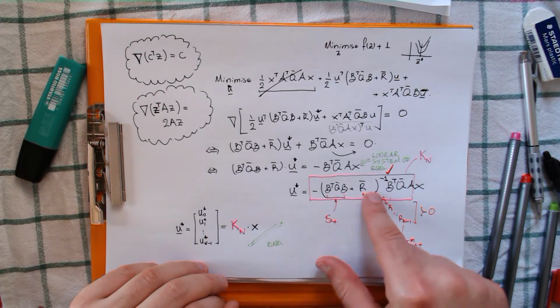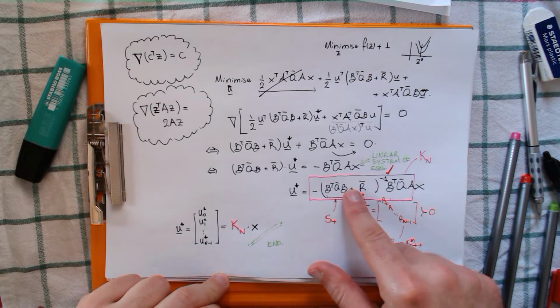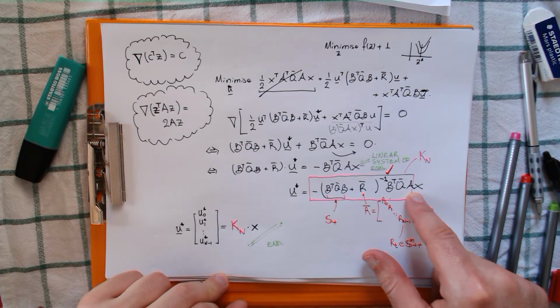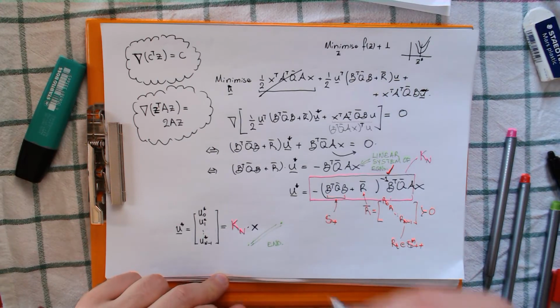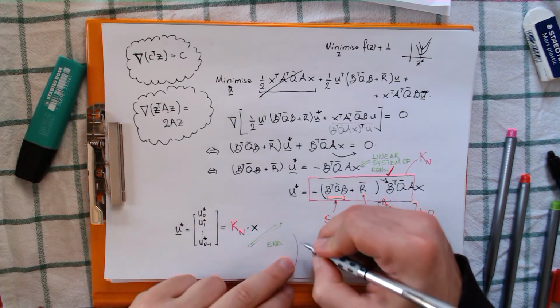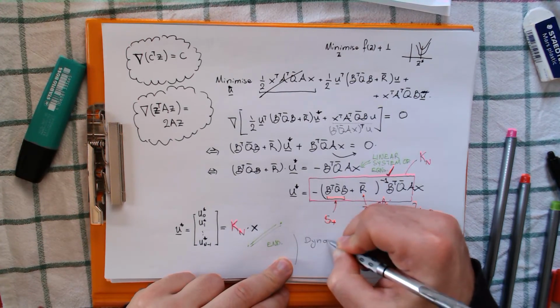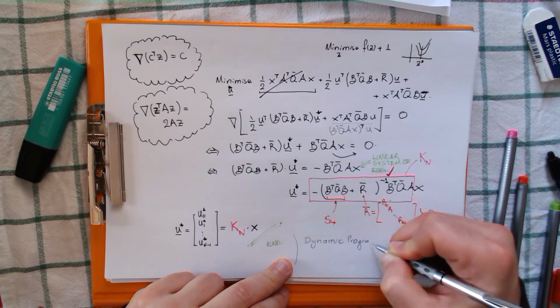B transpose Q bar B plus R bar is dense, and that might be difficult from the computational point of view. There are other ways to solve the problem, and this is what we'll talk about next time, where we will talk about dynamic programming. So this is what comes next.